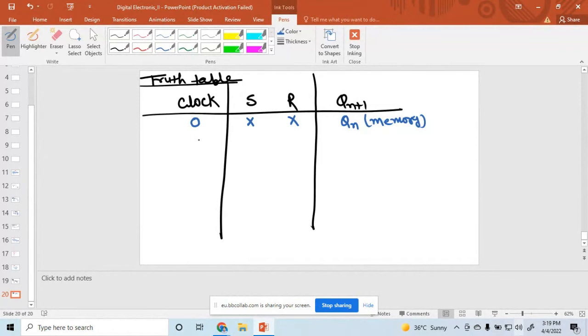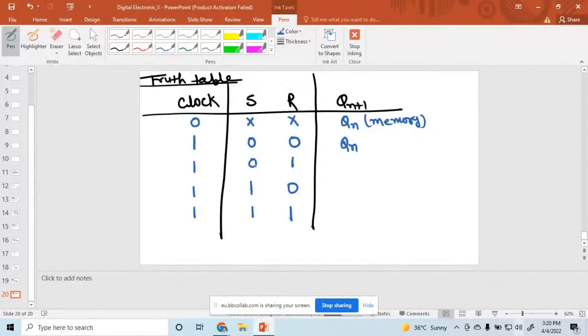Another case is when clock pulse is 1, so it depends upon the combination of SR. It may be both 0 0. When both S and R are 0 0, then its state is Qn. This is called memory or previous state. And when the clock pulse is 1, SR may be 0 1, or 1 0, or 1 1. Find the output accordingly.